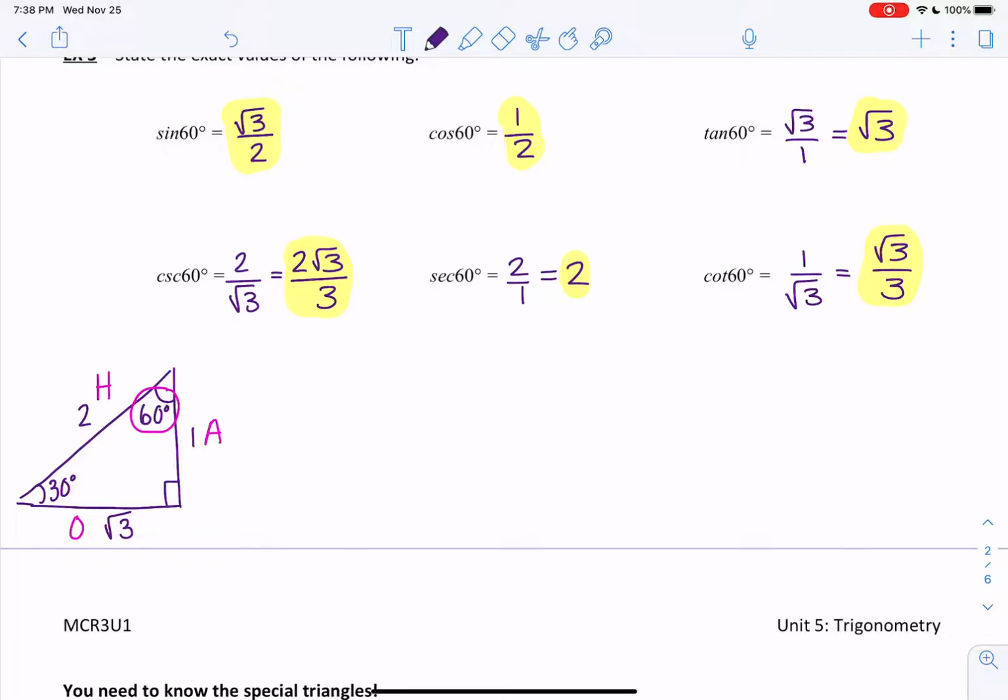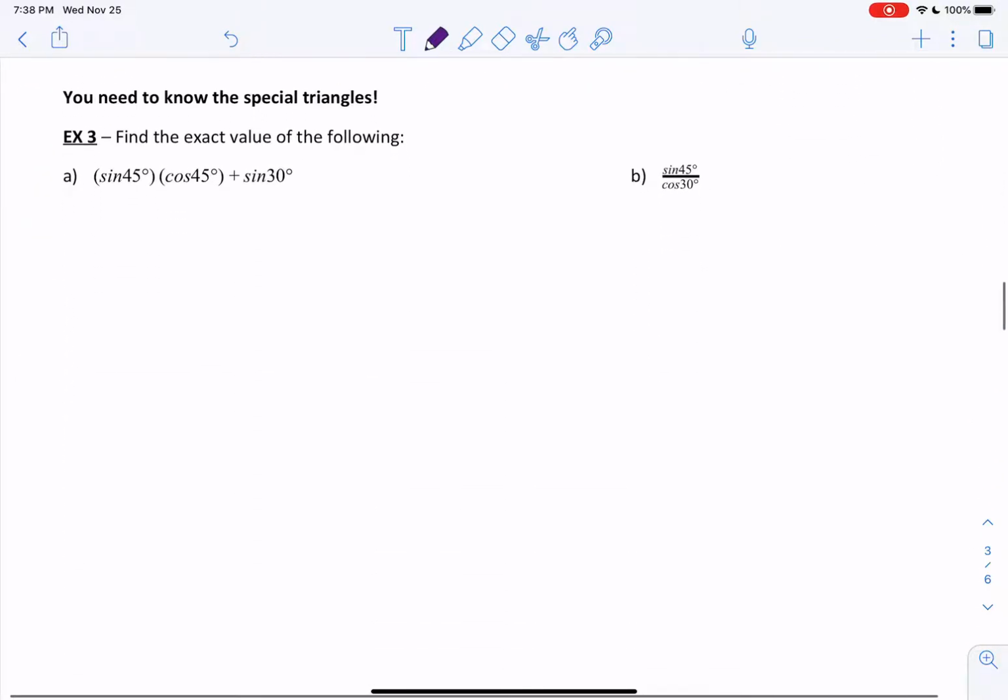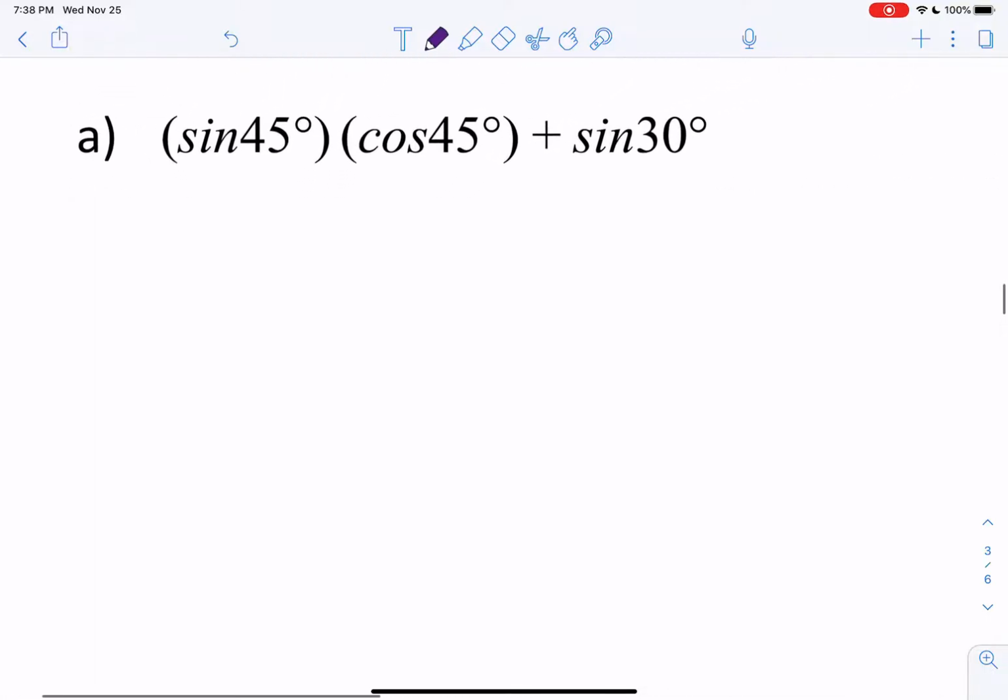So now we're going to go through some examples of how to use this. So, for example, we have sine 45, cosine 45, plus sine 30. So what I'm going to do is look at all of the values above and fill in the exact values for sine 45, cosine 45, and sine 30.